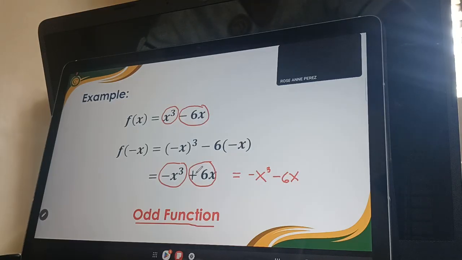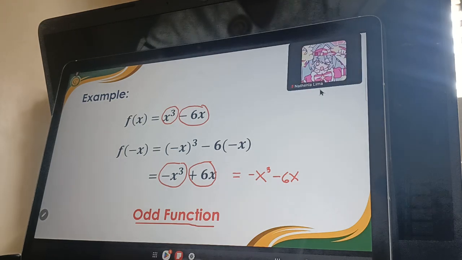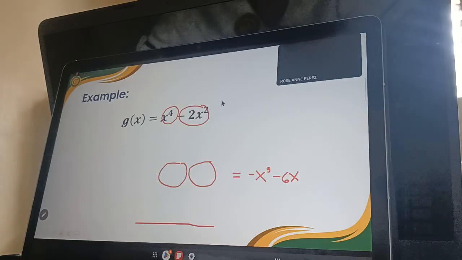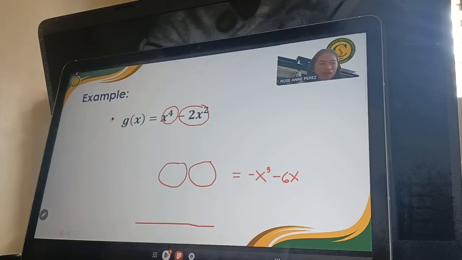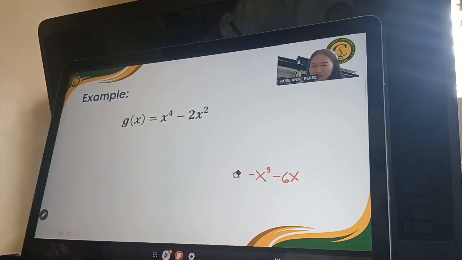Okay, questions? None, miss. Okay, now let's have another example. I have here g of x equals x raised to the fourth power minus 2x squared. Try to solve this.